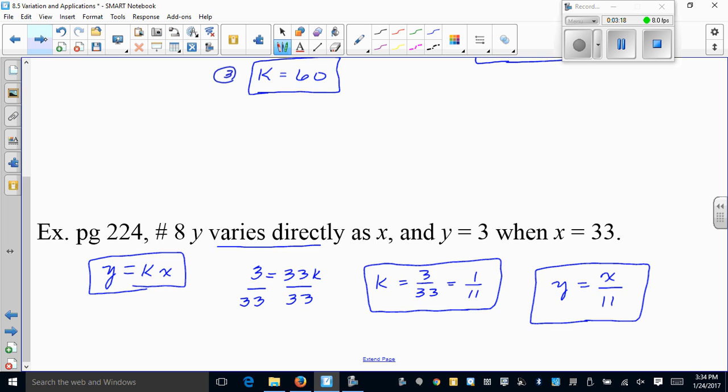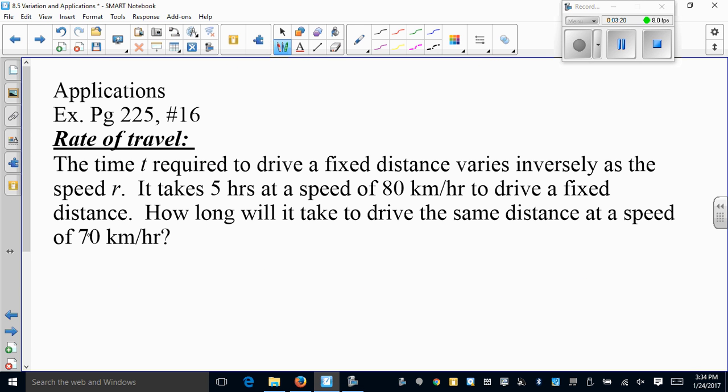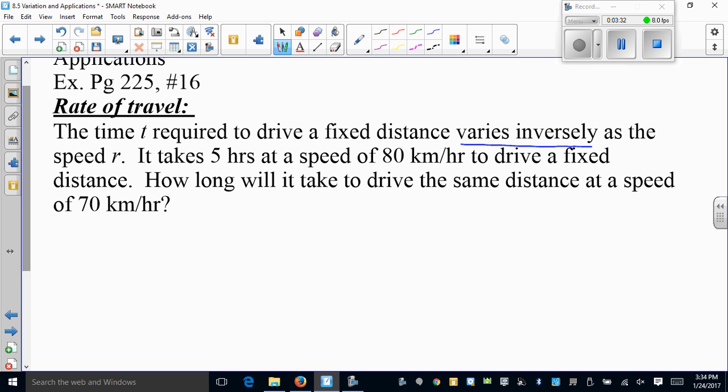Okay, so let's do an application problem. Rate of travel: the time t required to drive a fixed distance varies inversely as the speed r. So inversely is going to be y equals k over x.